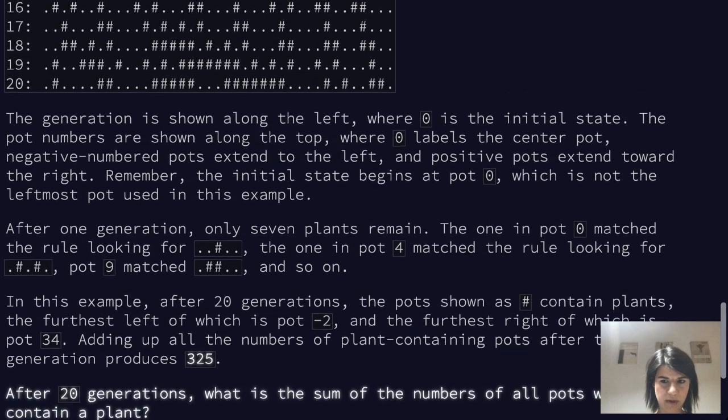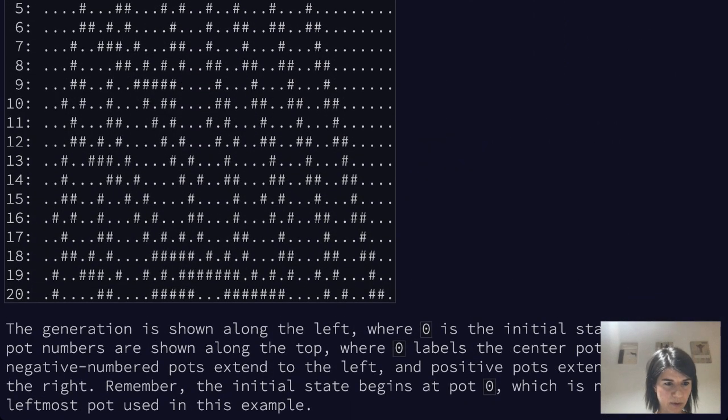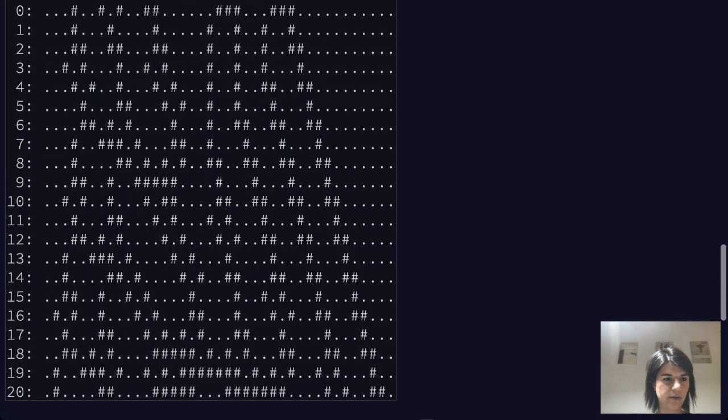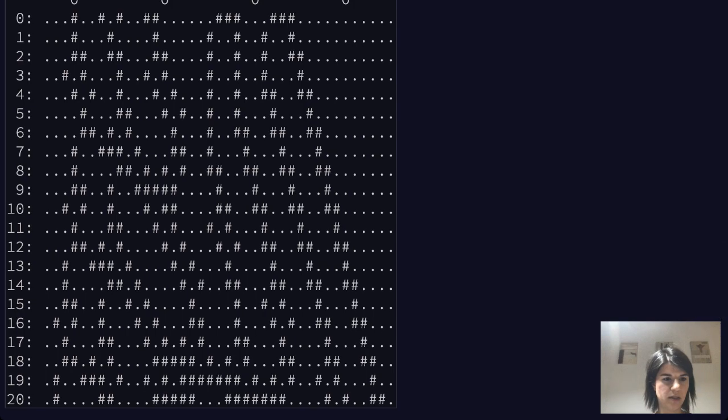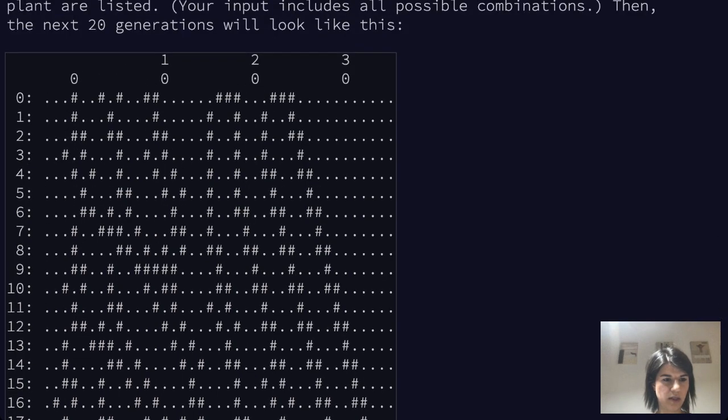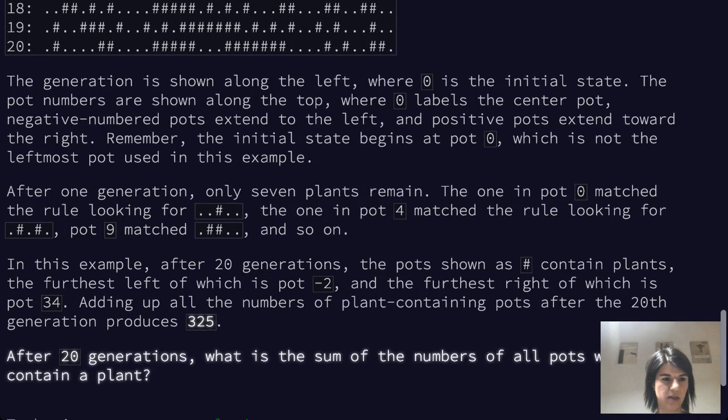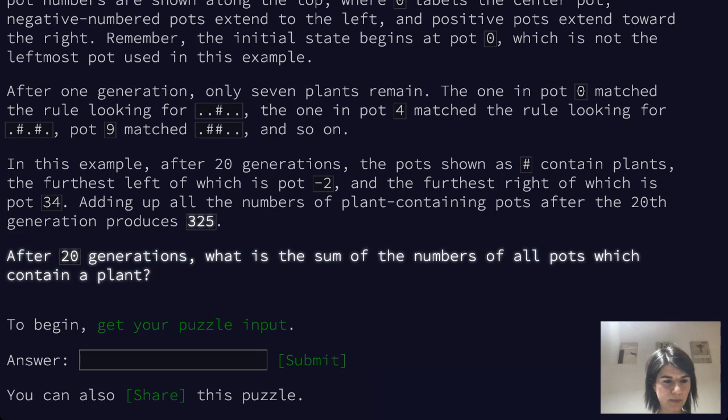How do I get to 325 here? 1, 2, 3, 4, 5, 6, 7, 8, 9, 10, 11, 12, 13, 14, 15, 16, 17, 18, 19. So it's around 20 times 10 is 200, and then 10 times 10 is 100. Okay, so we get to 325 by counting them at every generation.